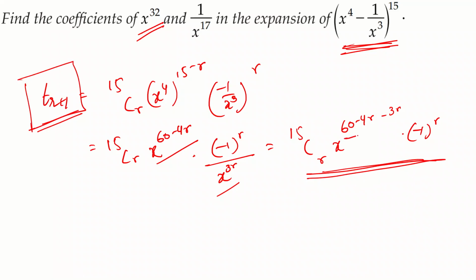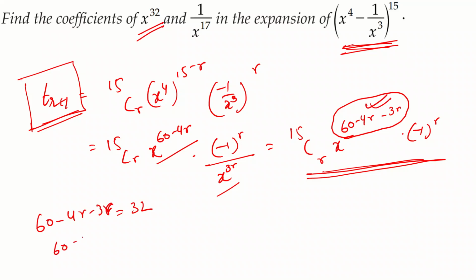Okay, but we particularly want this power to be 32, because they have asked us what is the coefficient of x power 32? That means we want this power to be 32. So let's find out for which value of r this will be 32. Just simplify and find out what value of r will give us this power to be 32.